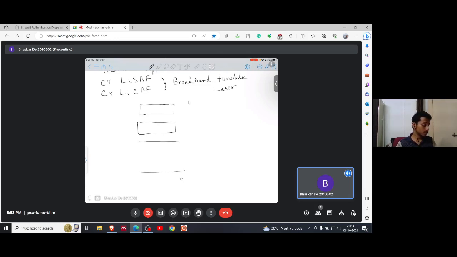Then we have the semiconductor diode laser, where we have the famous gallium arsenide laser.